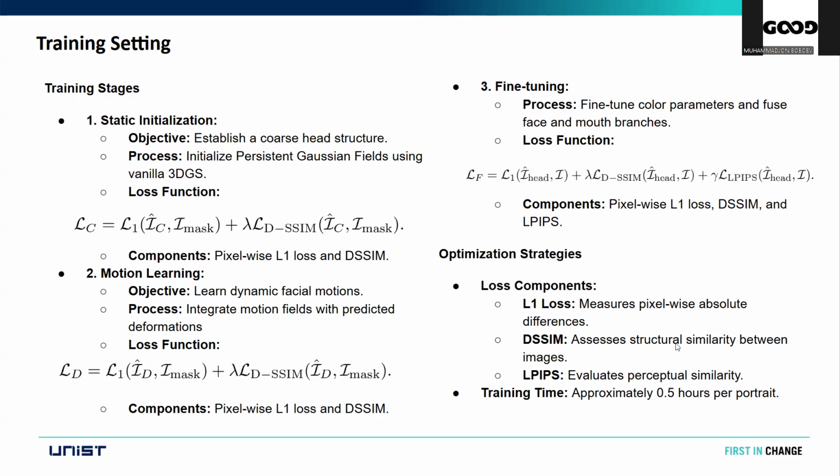One of the interesting things is the training time it takes to train all these training stages. It just takes 0.5 hour per portrait. If we have training data of 1 to 5 minutes, we can train all these training stages in about 30 minutes. That's one of the most interesting parts of this paper.